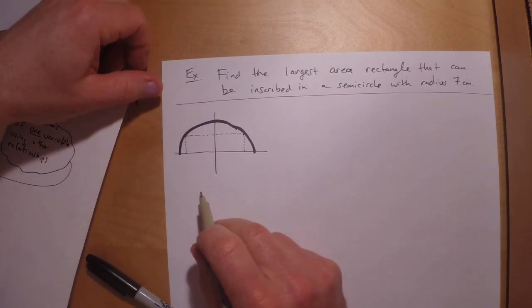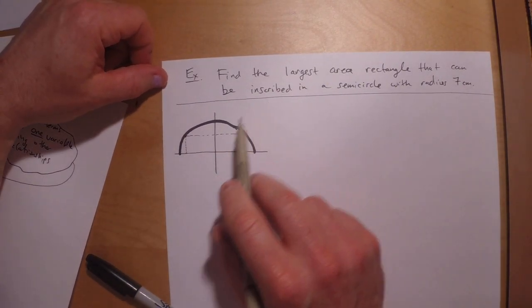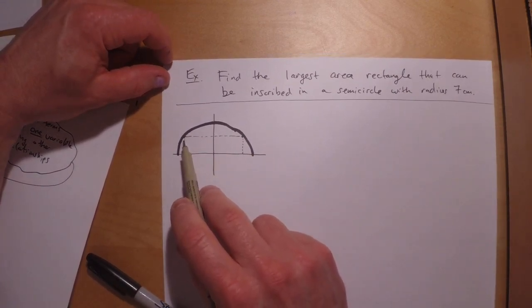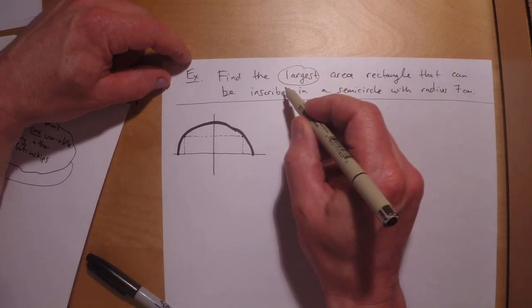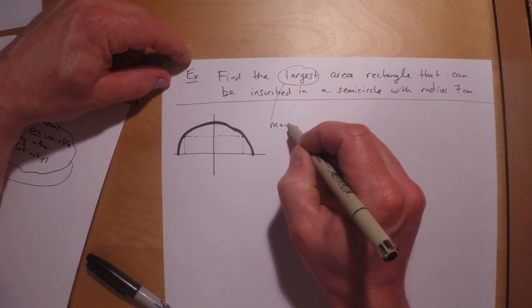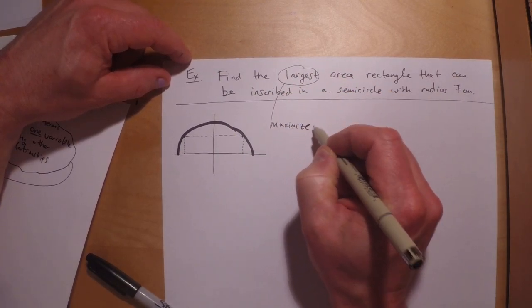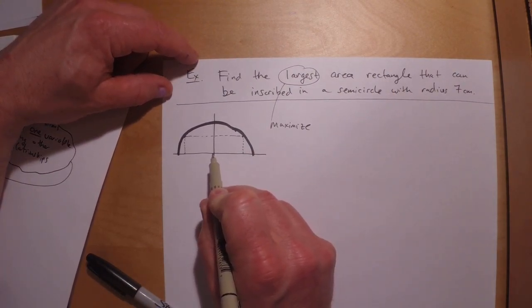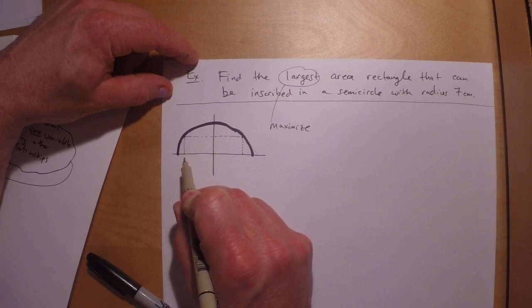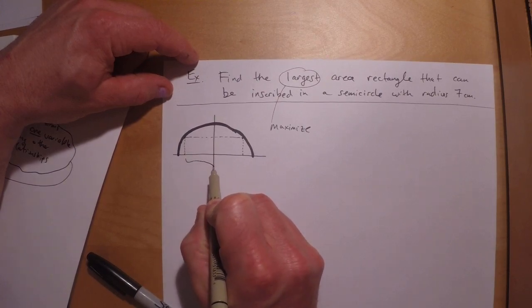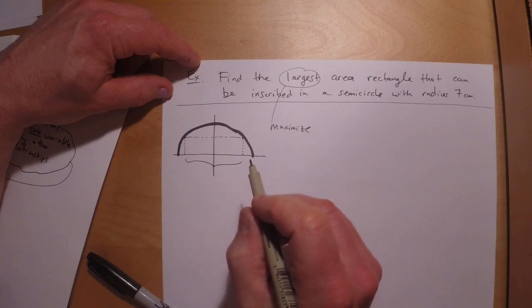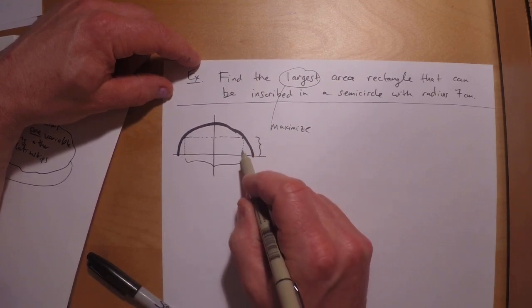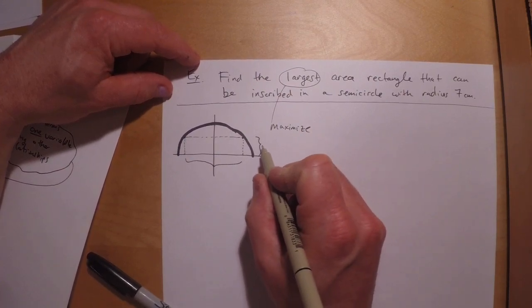Okay, that's better. Okay, so there's the semicircle with an inscribed rectangle, which I've drawn the biggest that I can. So largest would mean I'm going to be dealing with a maximizing situation. I need to label some variables in here. Now I don't know this length here, and I also don't know this height or width, depending on what you want to call it.